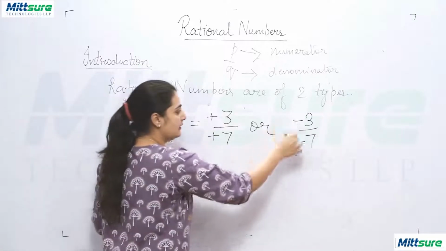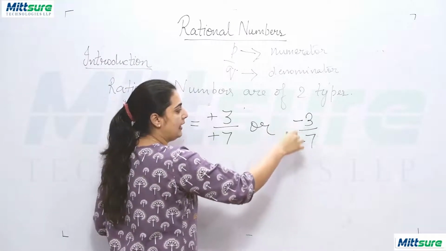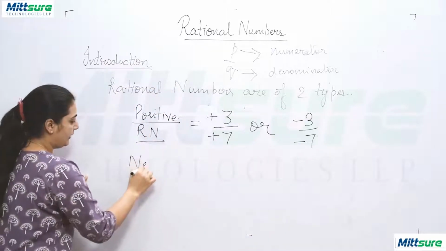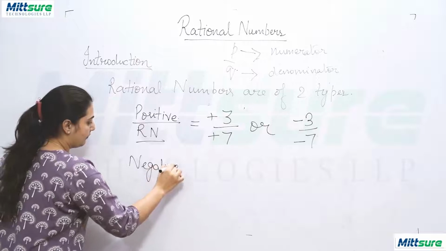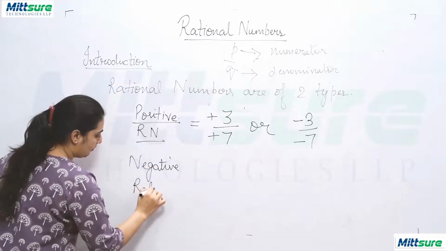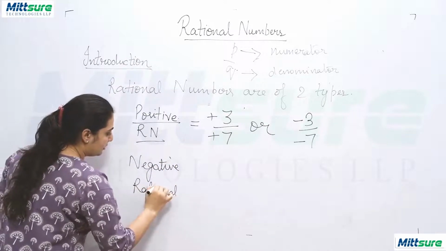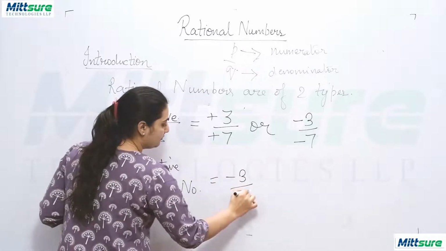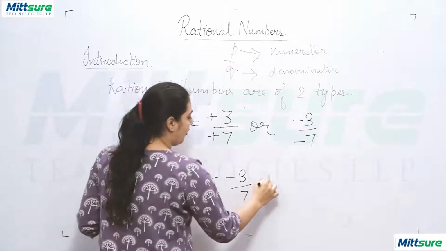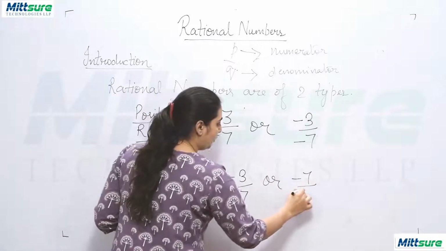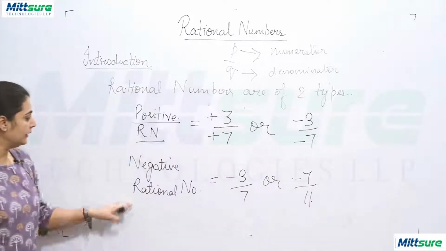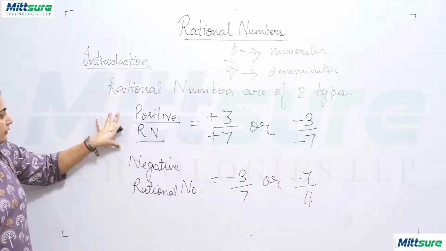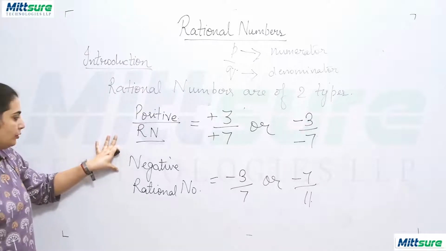These also will be considered as positive rational numbers. Now when we talk of negative rational numbers, that is minus 3 upon 7, or minus 7 upon 11. Is it clear? So these are the two types of rational numbers which we learn in this chapter.